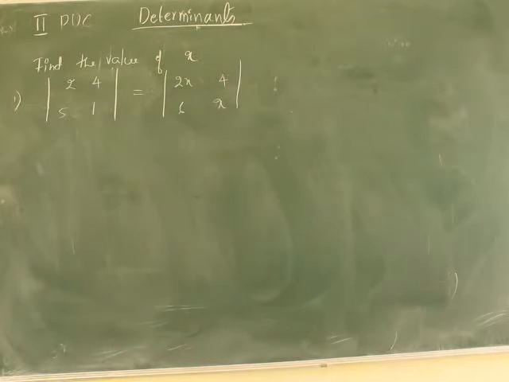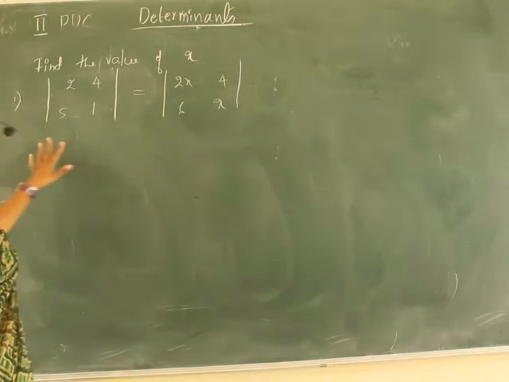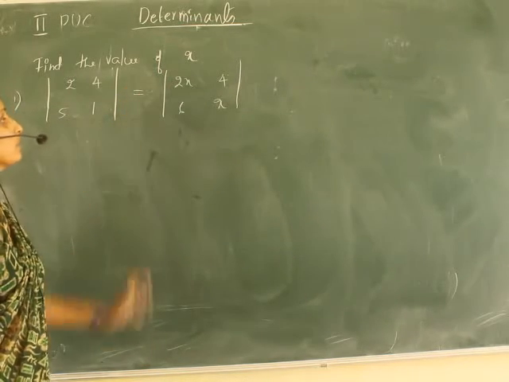Now it is to calculate what is the value of x. It is given that the two determinants are equal. We have to find out the value of x.